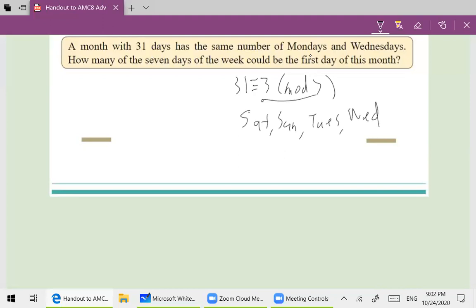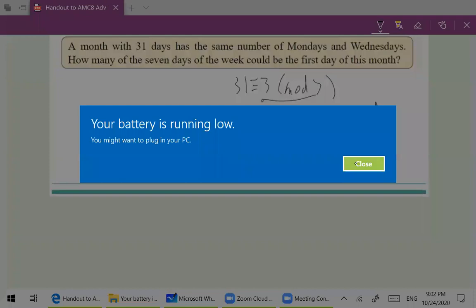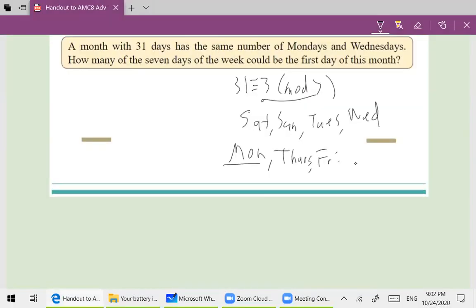So the only possible days that are good are Monday, Thursday, and Friday, because this adds to both of them, and these two don't affect Monday count. So, 3 of the days.